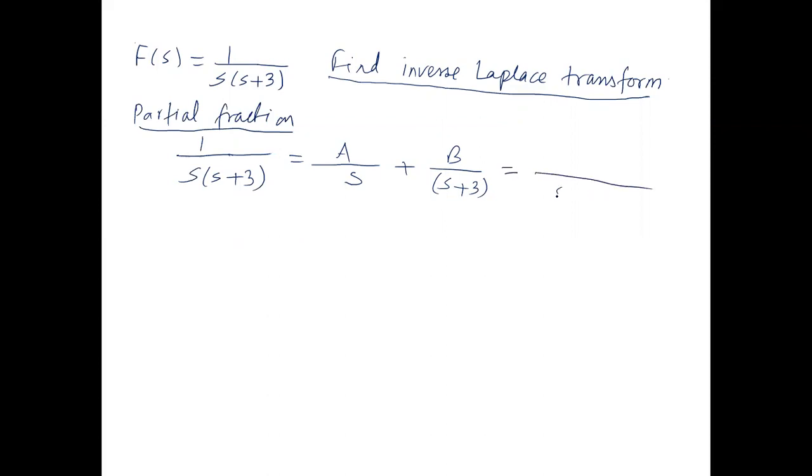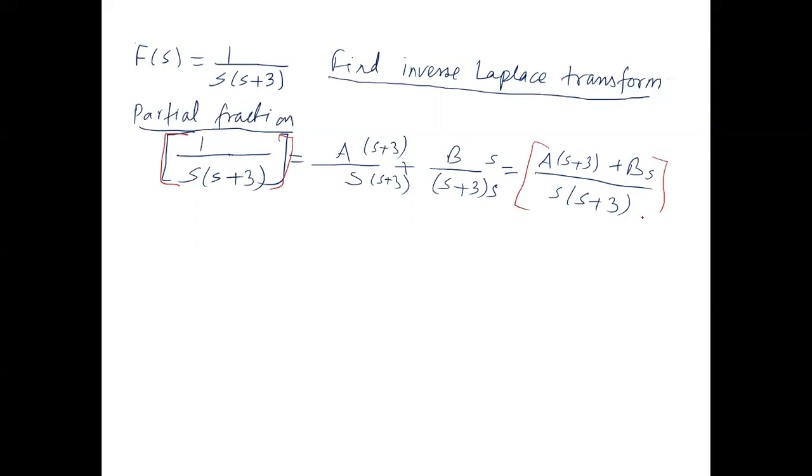So let's figure that out. Here you have s plus 3, so multiply this guy by s plus 3 and this guy by s. So you get a times (s plus 3) plus b times s, right?